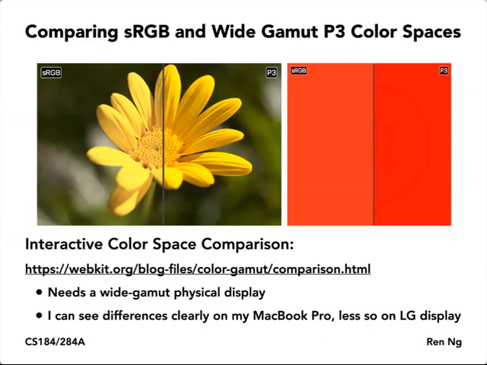So let's take a quick look and compare what sRGB and wide gamut P3 color spaces look like. Your mileage is going to really vary on this through Zoom. I quizzed this in the past, and sometimes that was surprising to me. Some people could see this. Others, it was pretty invisible. So I'm going to describe what I see on my display, which is a wide color gamut display.